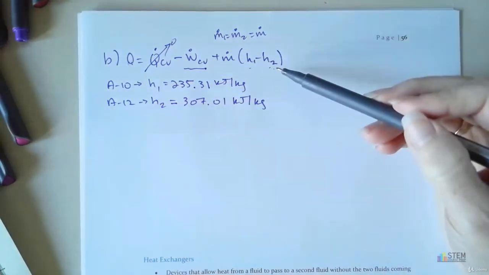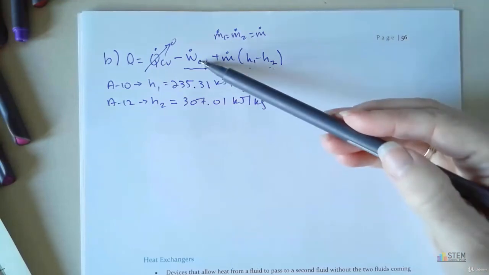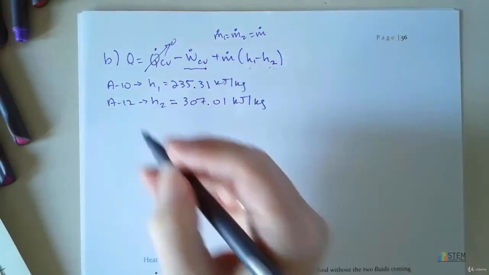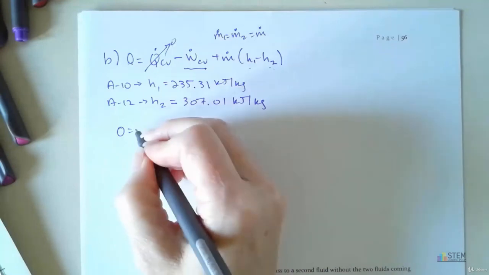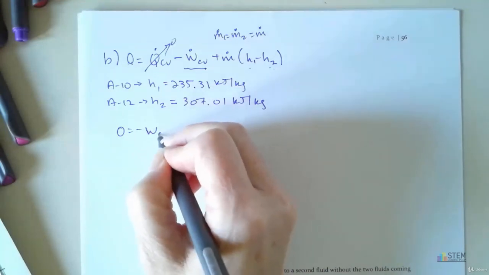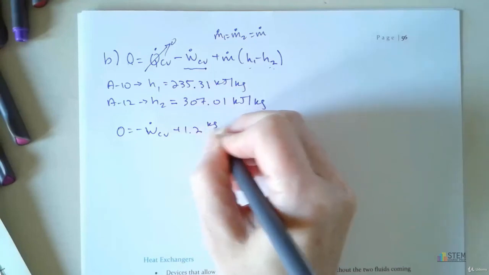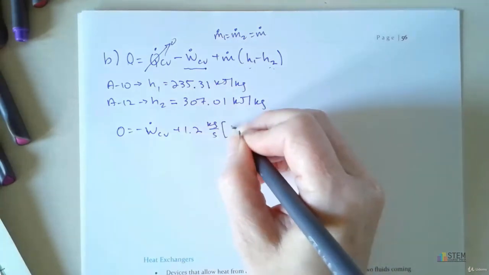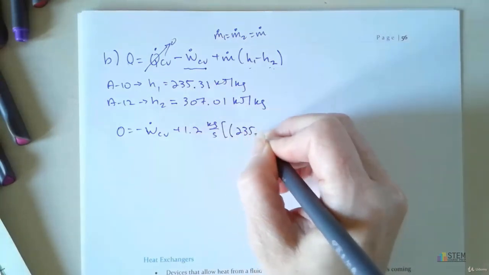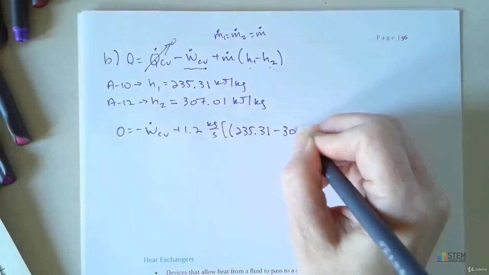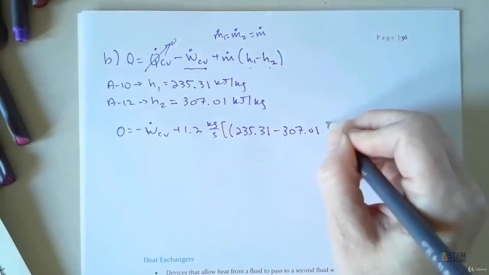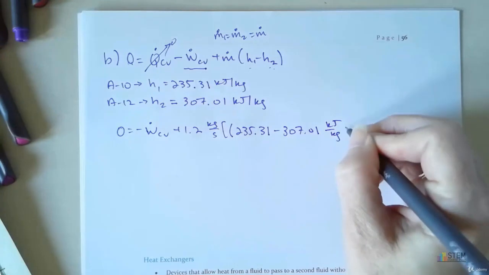We just plug these numbers in, and then we will be ready to solve for this. 0 is going to be negative W dot plus 1.2 kilograms per second times 235.31 minus 307.01. That's kilojoules per kilogram.